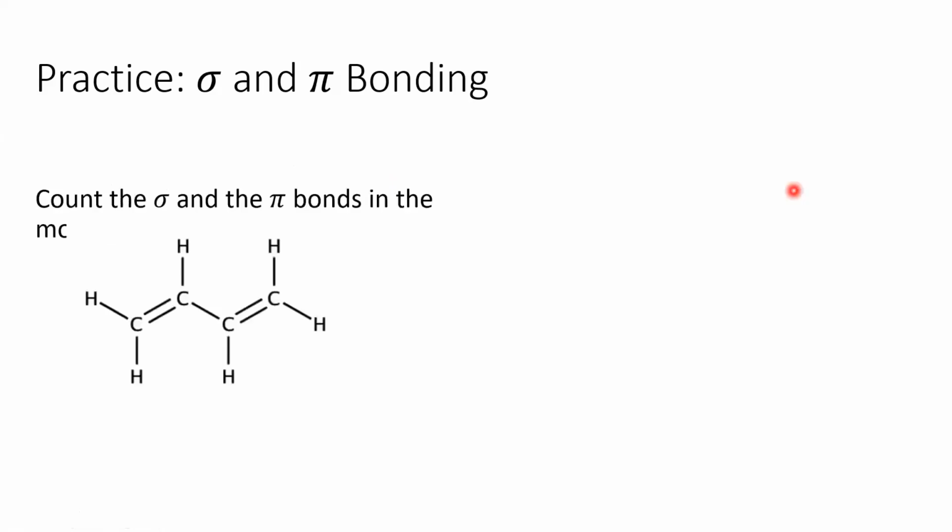Here's another kind of question we could get. Here's a molecule, and we want to figure out how many total sigma bonds and how many total pi bonds there are, keeping in mind that every bond contains a sigma bond, and double and triple bonds have either one or two pi bonds. So how many sigma bonds and how many pi bonds are in that structure?